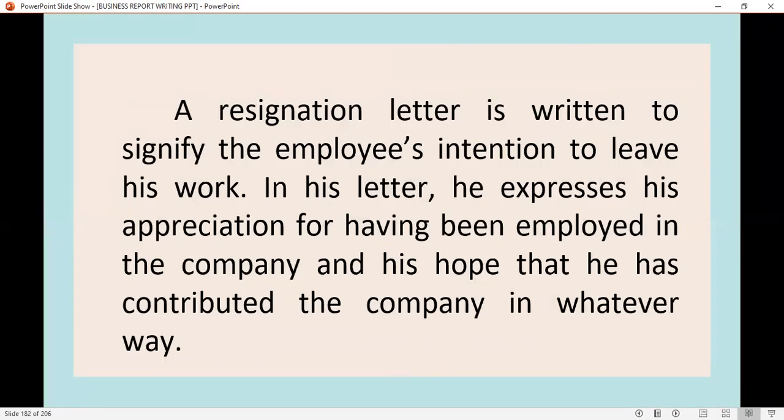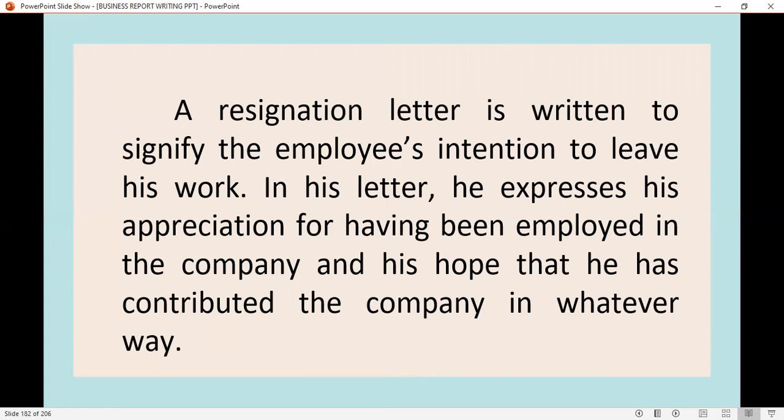A resignation letter is written to signify the employee's intention to leave his work. So in his letter, he expresses his appreciation for having been employed in the company and his hope that he has contributed to the company in whatever way. So ang nilalaman ng resignation letter is, of course, the first paragraph is your intention sa pagre-resign mo sa trabaho.